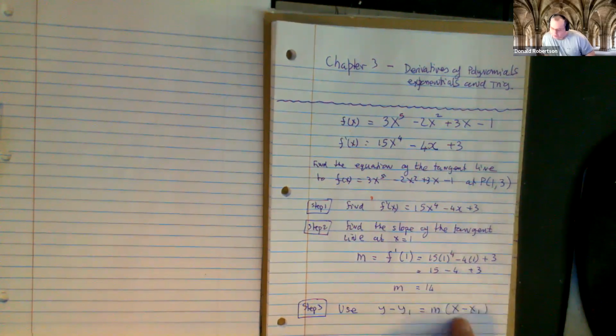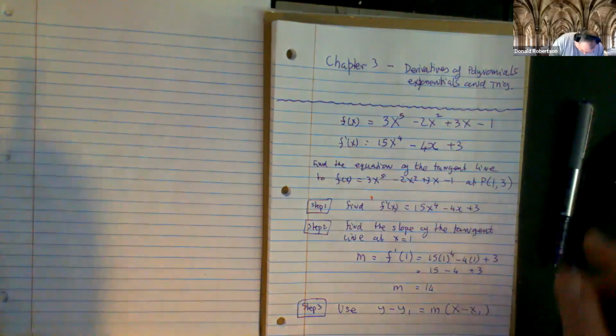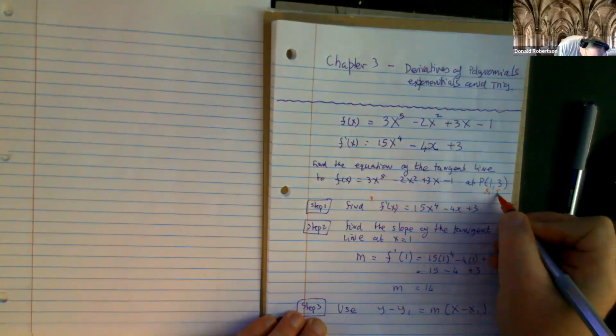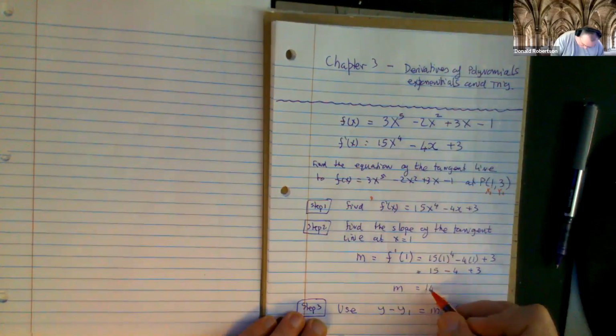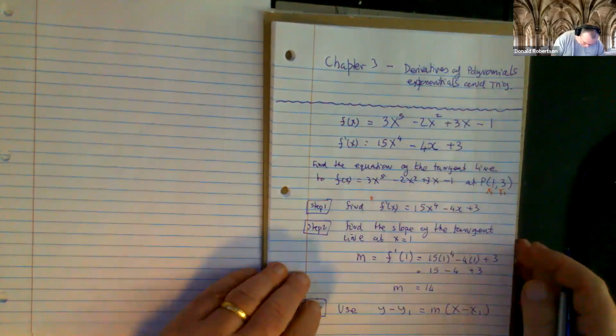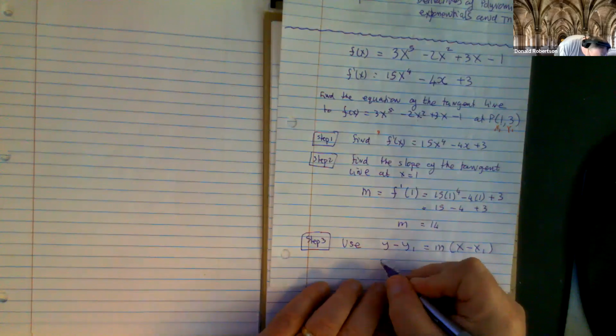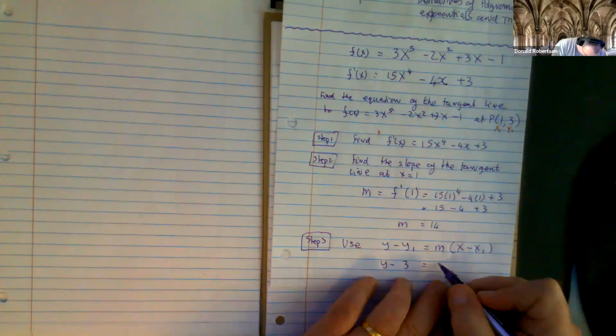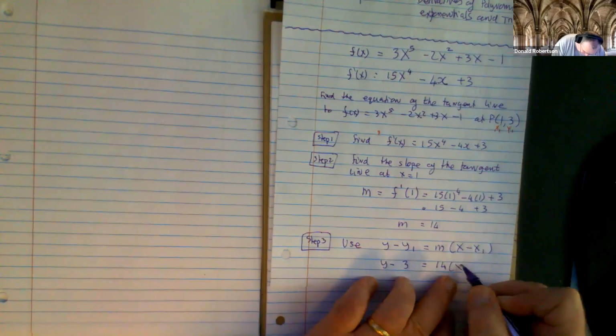Point slope equation. Now, in our question, x1 is 1, y1 is 3, and m is 14. So we're pretty much good to go here. It's going to be y take away 3 equals 14 times (x take away 1).